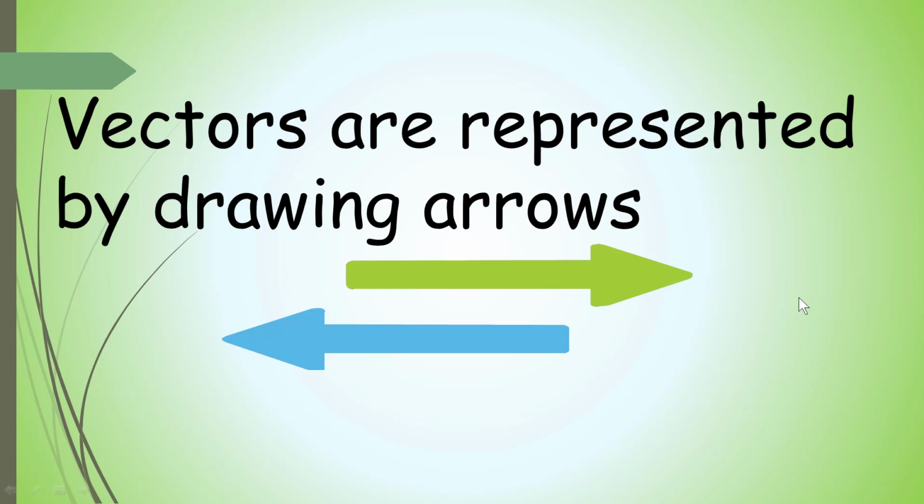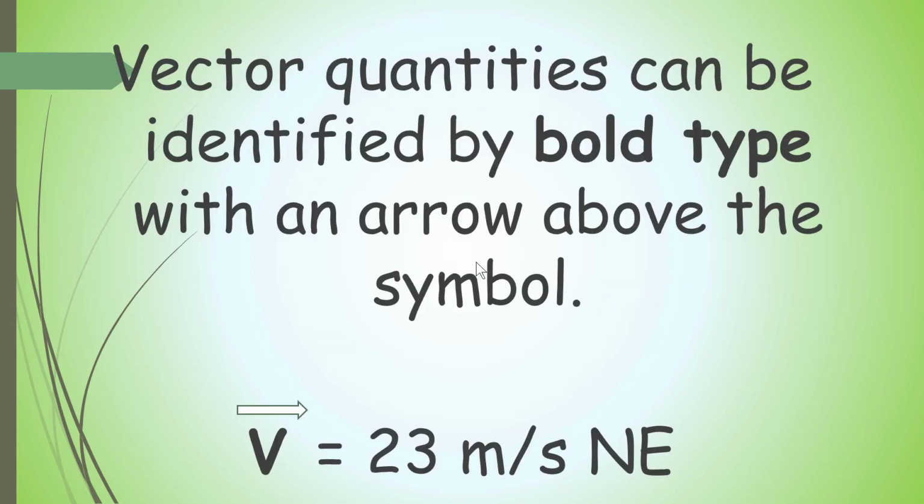So we can say that vectors are represented by drawing arrows in the direction of the physical quantity. Starting point is tail, ending point is head of this vector. So vector quantities, how are we going to identify them? They are identified by bold type with an arrow above the symbol.